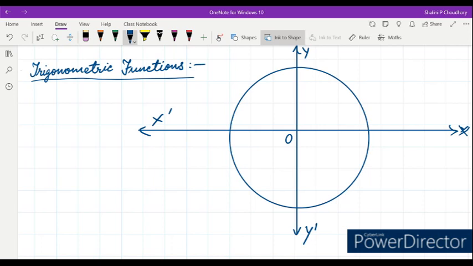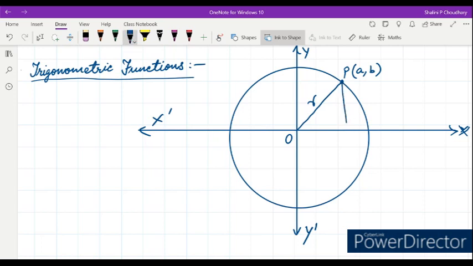Just suppose the radius of the circle is r, and the point P has coordinates a, b. So a means on the x axis this is a.